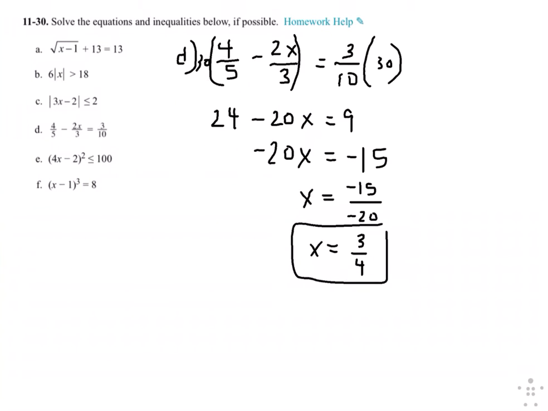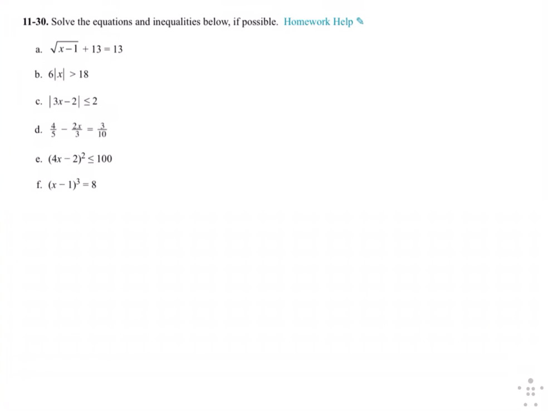Okay, for E, we have 4x minus 2 squared is less than or equal to 100. So let's take the square root of both sides. So we get 4x minus 2 is less than or equal to 10.